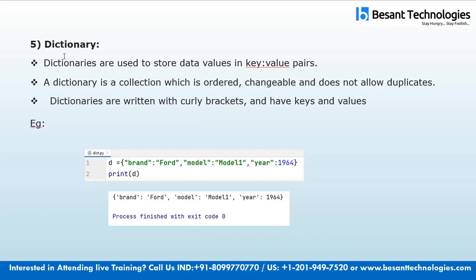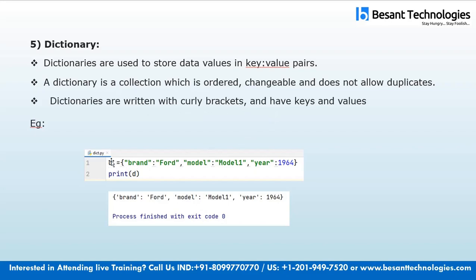The final one, dictionary. Dictionaries are used to store data values in key value pairs. A dictionary is a collection which is ordered, mutable, changeable. If you want to change, you can, and it does not allow duplicates. If you try to give any duplicate values, that is not allowed. And dictionaries are written with curly brackets and have keys and values.